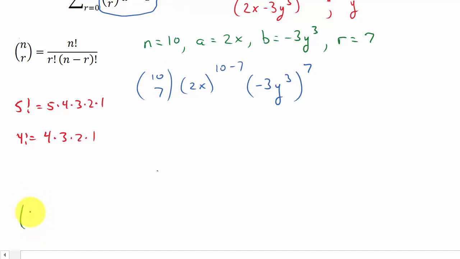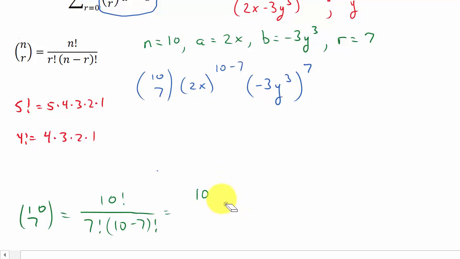So that's going to give me 10 choose 7. So that's going to be 10 factorial over 7 factorial times 10 minus 7 factorial. All right, so let's write out the 10 factorial. That's 10 factorial is 10 times 9 times 8 times 7 times 6 all the way down to 1. Okay, I'll show you why I'm not writing that all the way out.